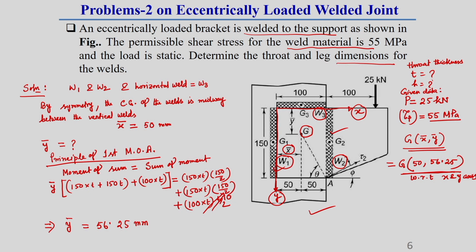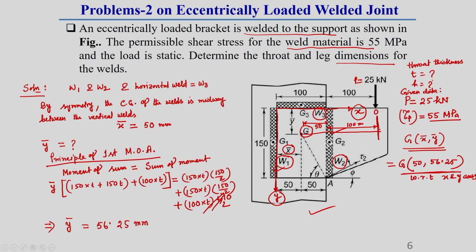Now we can easily find out what E is. E is the position of load P, the perpendicular distance between the load P and the CG. From here to this weld it is 100 mm, as given, and from here to here is the mid length, which I have already shown, this is 50.